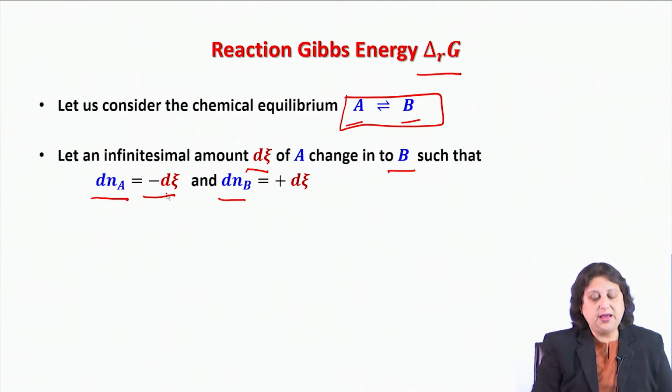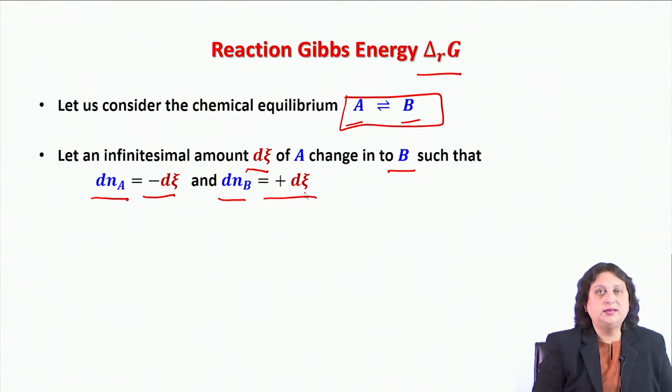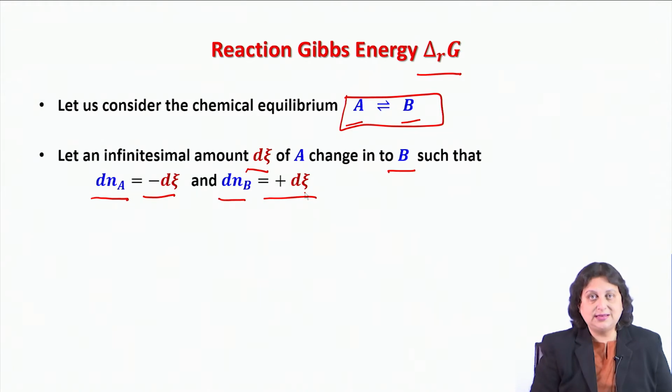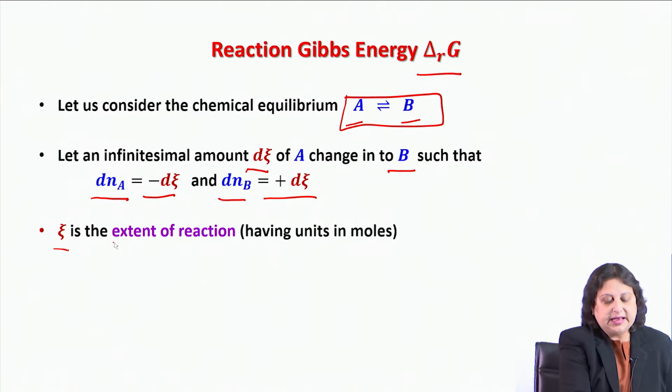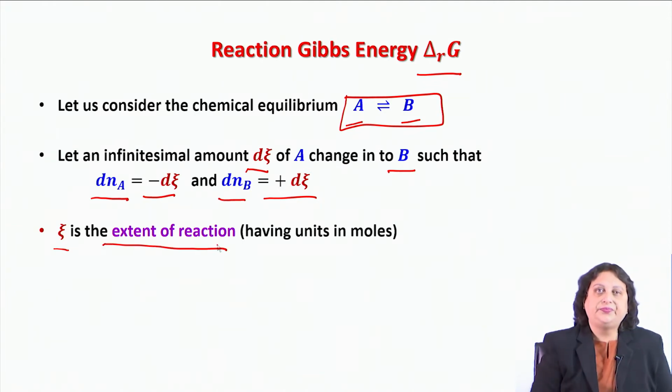Therefore, I must have dNB equal to plus dξ. In this case, I am once again trying to highlight the fact that ξ is the extent of reaction and its units are in moles.